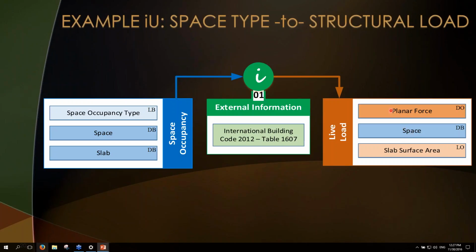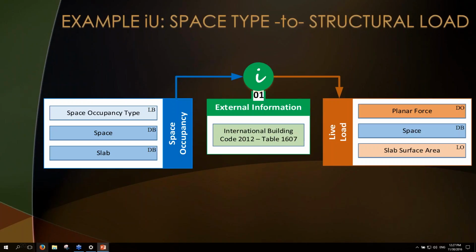We want to create a planar force and apply that to the slab surface that is interpreted in another interpretation unit. And for that, we need to have access to this IBC code, to this table. So this is the generic layer.